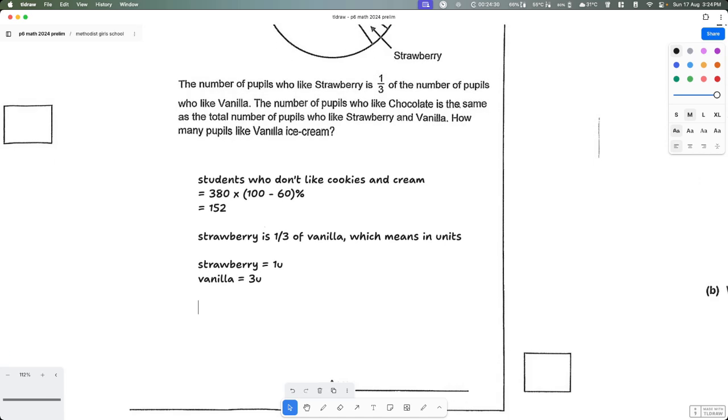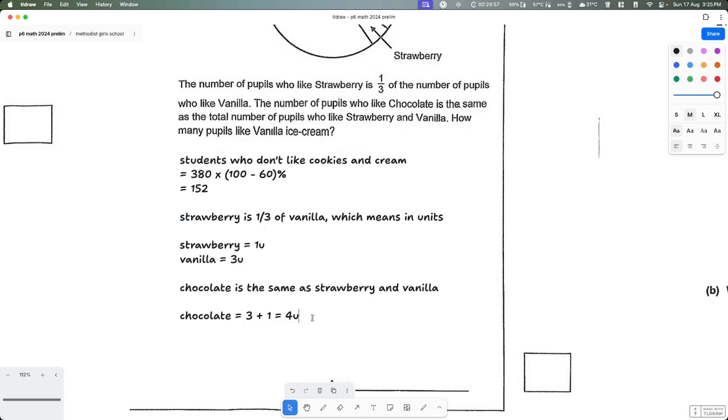And then also chocolate is the same as strawberry and vanilla. So that means chocolate is equal to 3 plus 1 equal to 4 units.